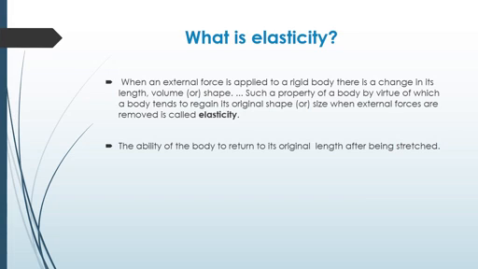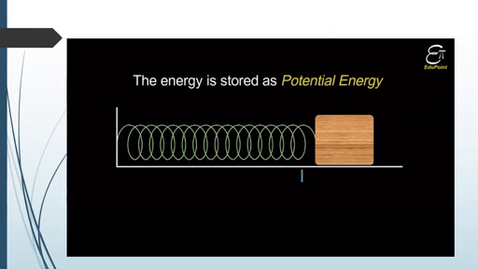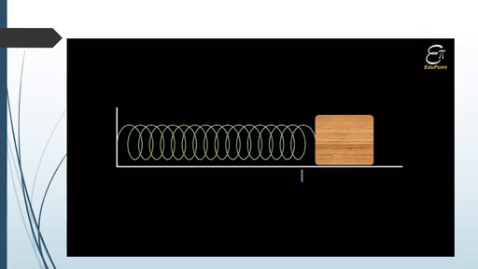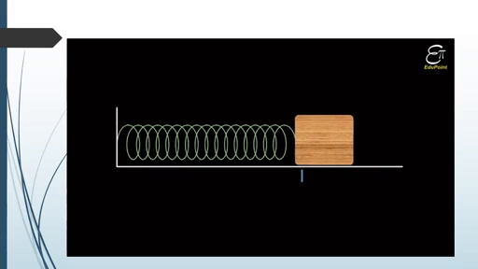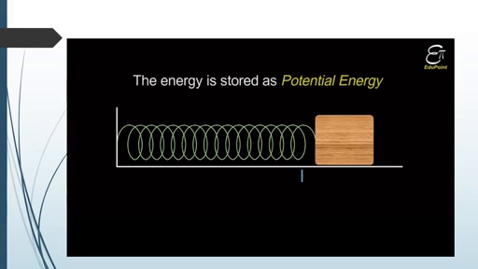Now you can see there is an animation in which there is a spring with some mass attached to it, kept horizontally. When force is applied on the mass attached to it, the spring is compressed. While the spring is compressed, you can see it has changed its position and also its shape.